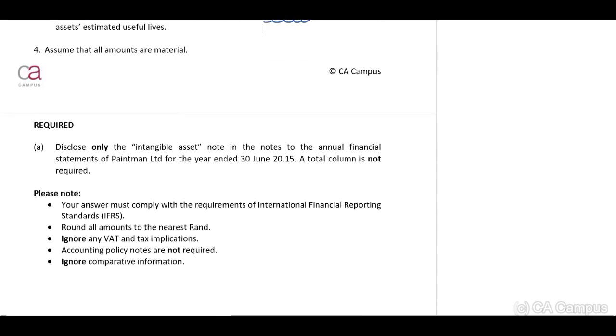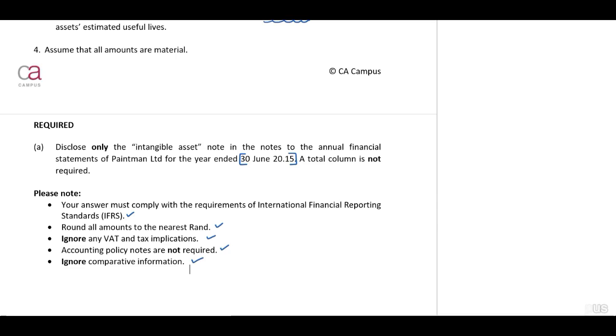Disclose only the intangible asset note in the notes to the annual financial statements of PaintMan Limited for the year ended 30 June 2015. A total column is not required. And guys, please note your answers need to comply with IFRS. Round all your amounts to your nearest rand. Ignore VAT. Accounting policy notes are not required. And ignore your comparative information.